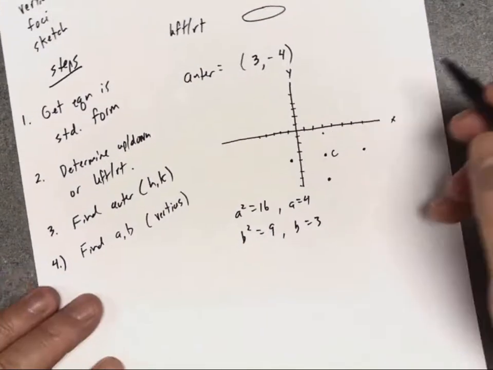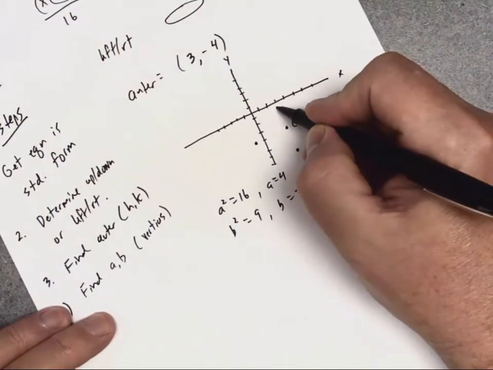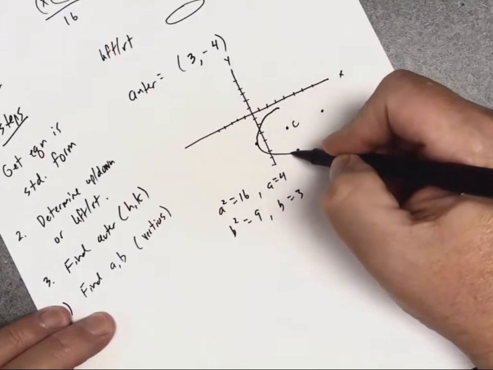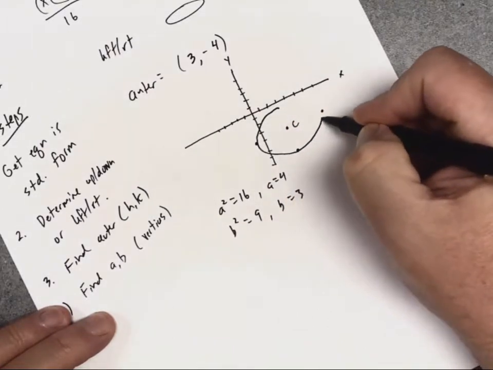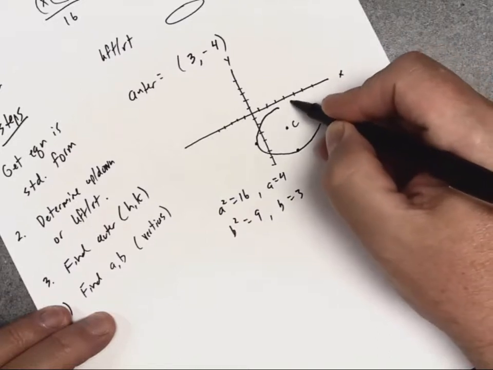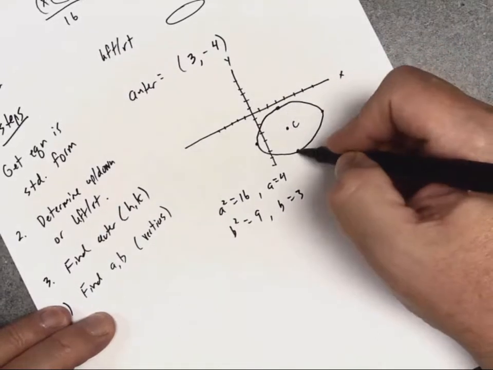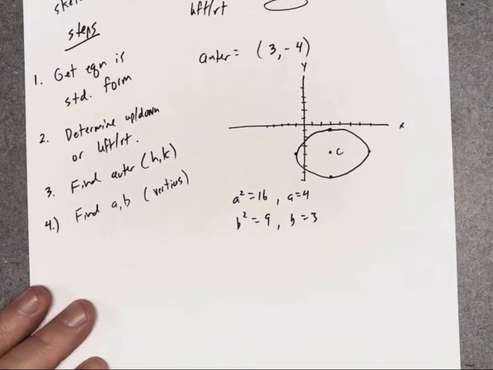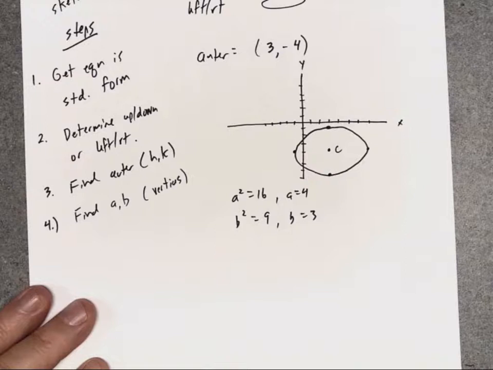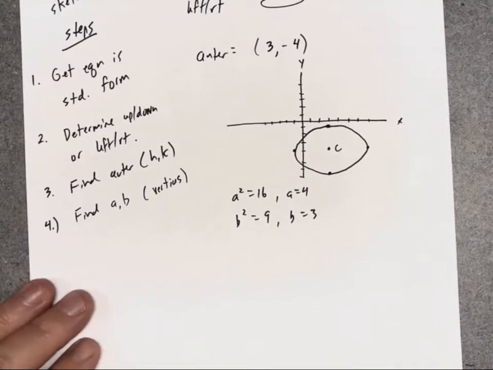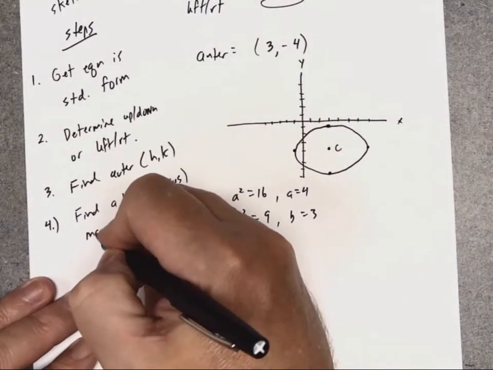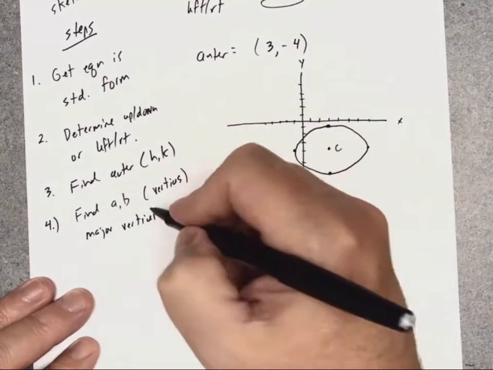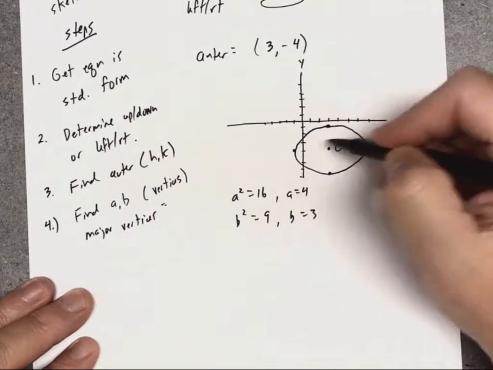Sometimes it's hard to draw a nice perfect ellipse by hand, but at this point I'm able to pretty much draw my ellipse. And I can even say the major vertices are here and here.